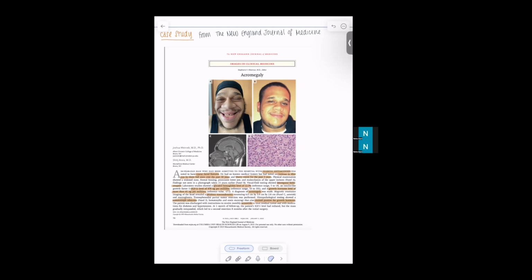It provided the physicians with information that the mass is the underlying pathology for acromegaly, and the histopathological testing of this tissue provided further information about the character of the mass that informed treatment.